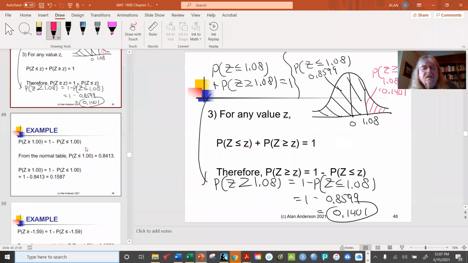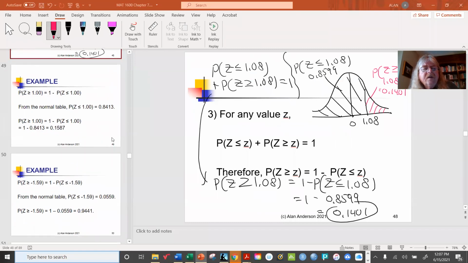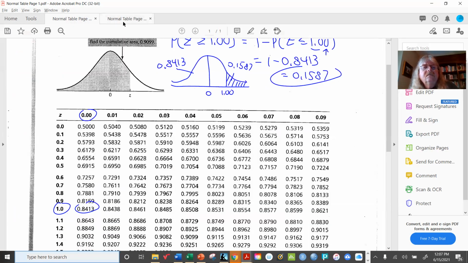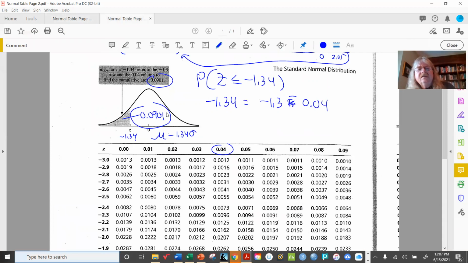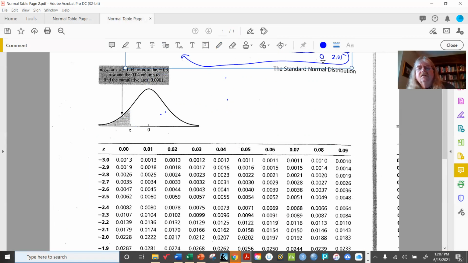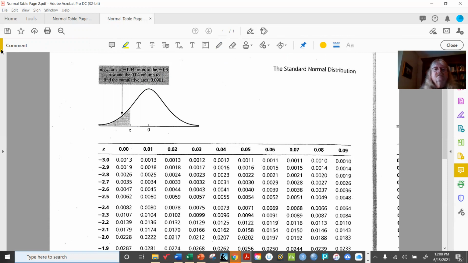All right, so let's try negative 1.59. So I'll erase all the stuff we don't need. Okay, what's going on here? All right, so once again, it'll be a greater than. Now, this is going to be a very large number.